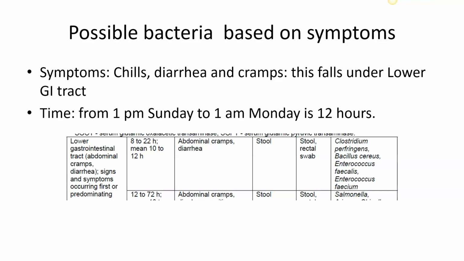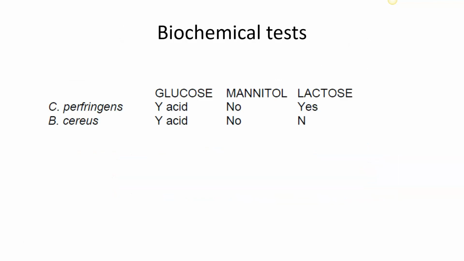Out of this, we get the possibility of Clostridium perfringens, Bacillus cereus, Enterococcus faecalis, and Enterococcus faecium. We can take out the Enterococcus because it's cocci, which leaves us with 2 possibilities, Clostridium perfringens and Bacillus cereus. We have to be able to differentiate between them. So we start comparing where they have similarities and where they have differences.